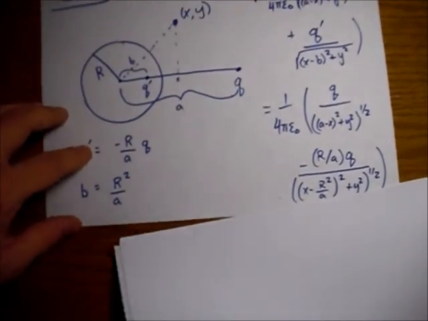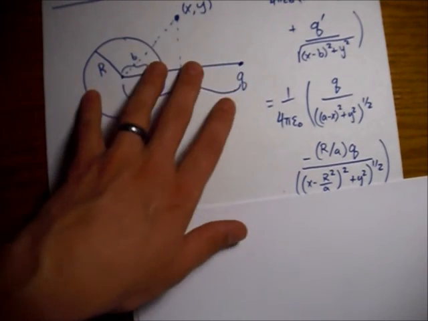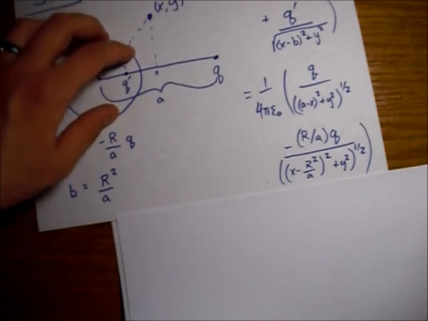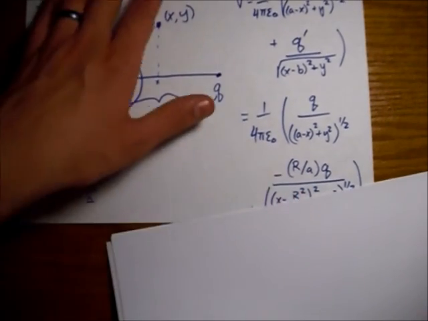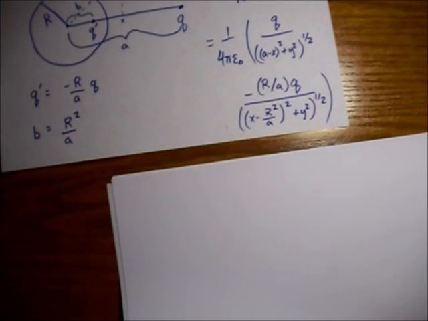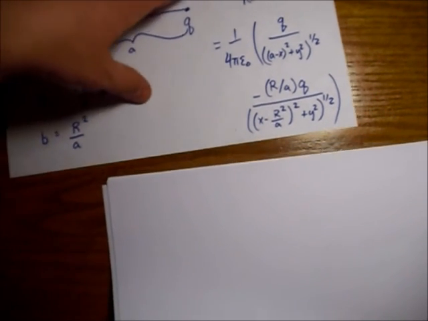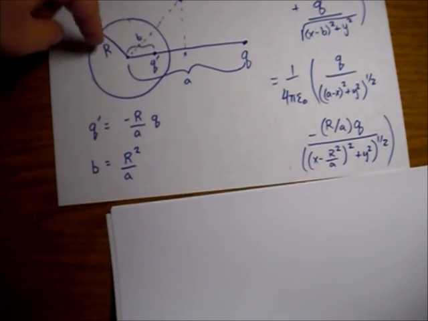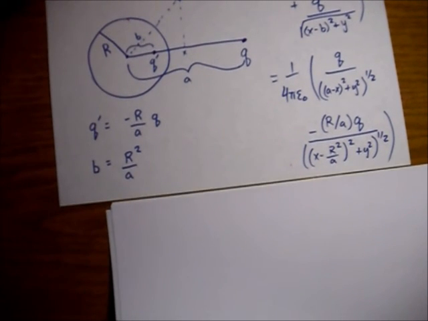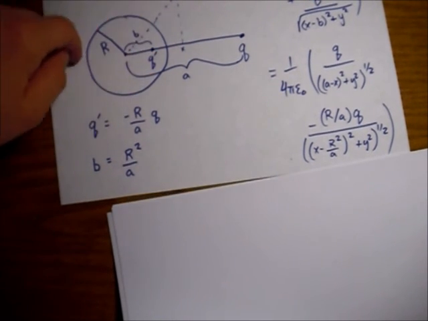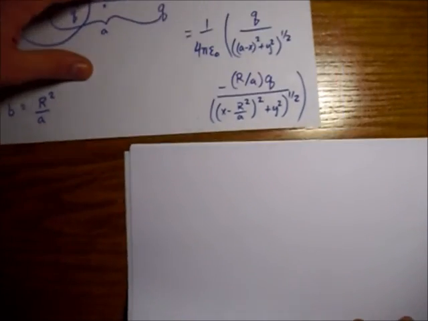But of course, we're comparing it to the real situation of the spherical shell, so this potential is only good out here on the outside. What we wanted to show was that for points on this sphere, we do in fact get an equipotential. In this case, we would get a potential of 0 all the way around the sphere.